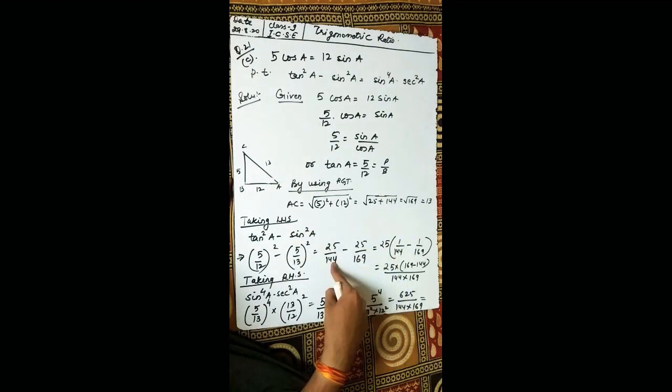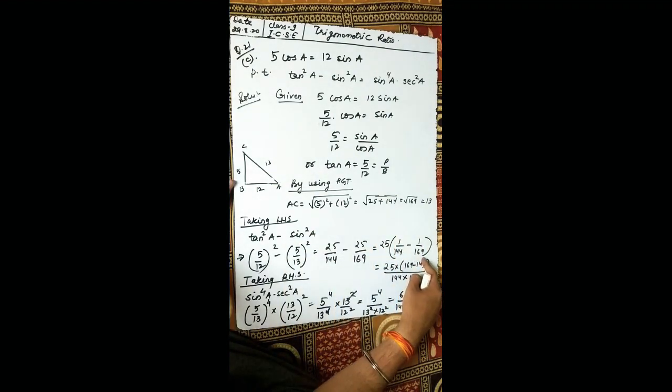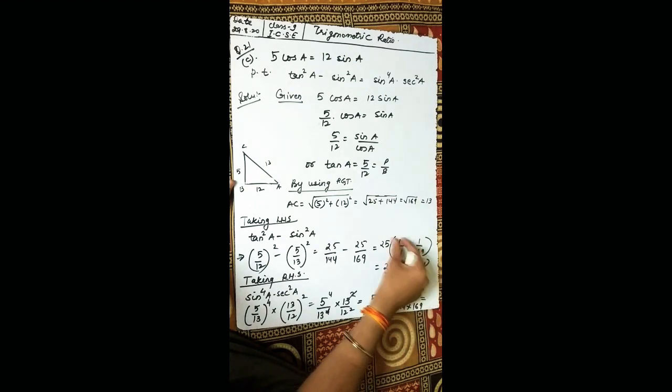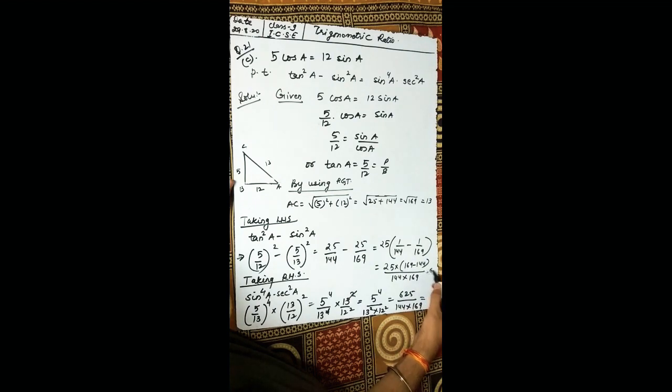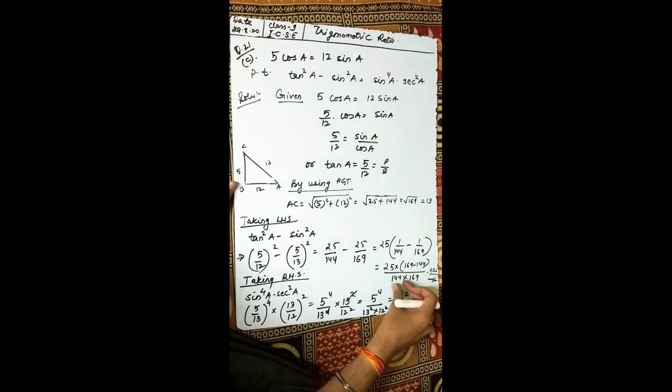So you'll get 1 upon 144 minus 1 upon 169. Now take LCM, so 169 minus 144 upon this. 169 minus 144 will give you 25, and in the numerator 25 into 25 you will get 625 upon the product of these two. Now it is your duty to find the product of 144 and 169, multiply it and get the answer.